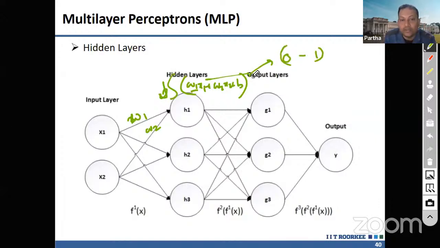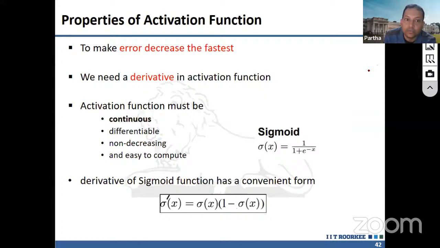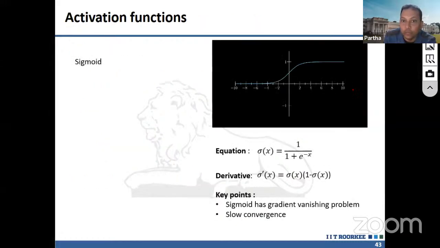It means I'm squeezing minus infinity to plus infinity into 0 to 1. That output will be multiplied with other weights W3, W4, W5, and then I'll apply other sigmoid functions or something. These are the activation functions through which I'm squeezing the summations to some other outcome.